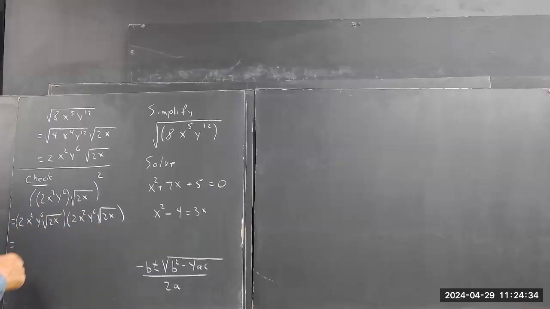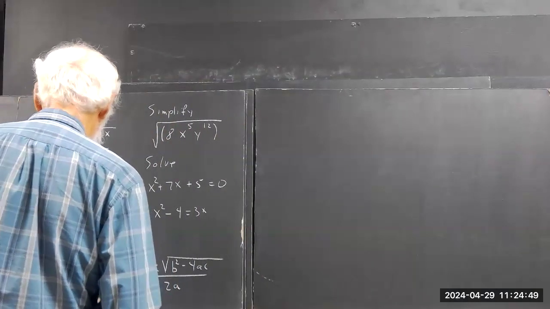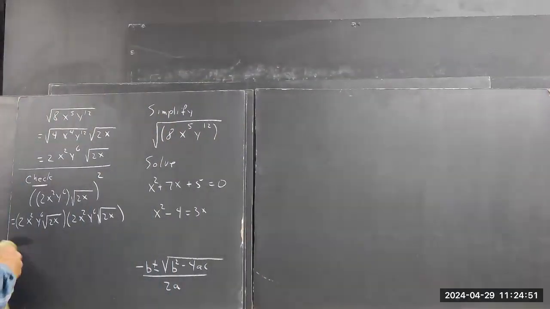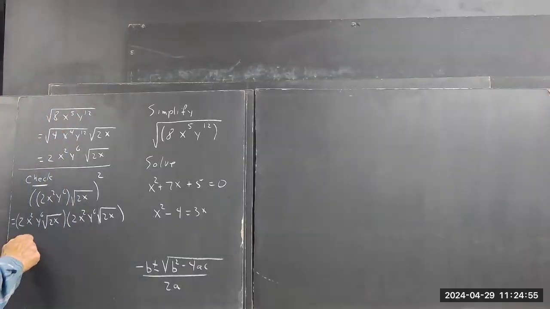And I can group my terms together. I have 2 times 2, which is 4, x squared times x squared. And I'm actually going to write this out a little more completely. I probably don't have room, but let's see if it works out. Okay, the 2 and the 2 I can multiply.